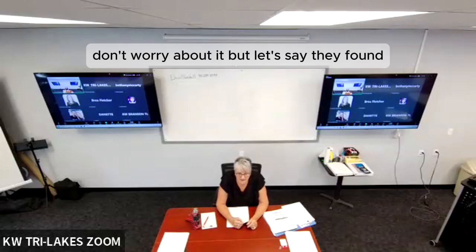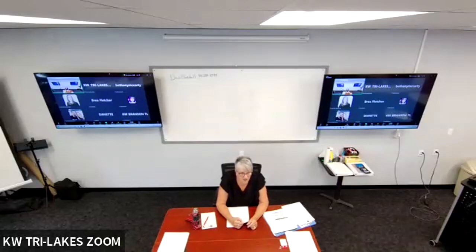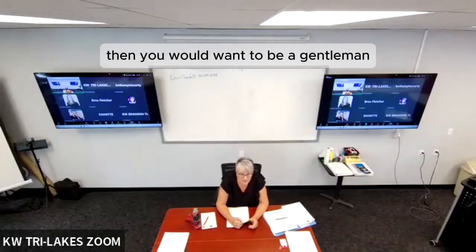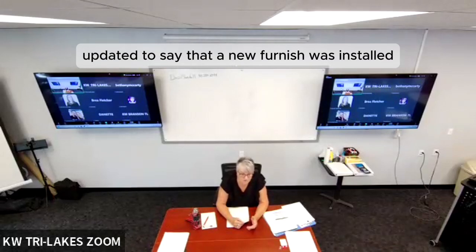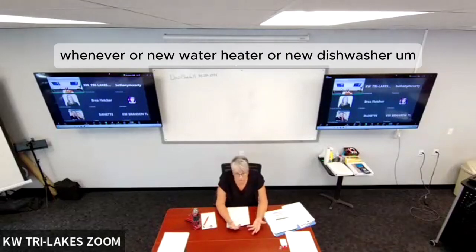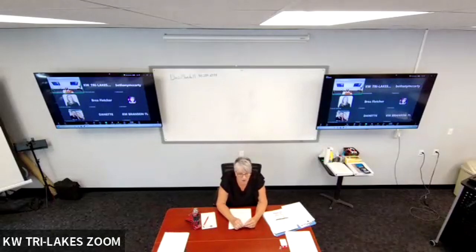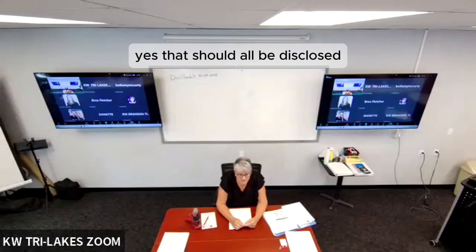But let's say the furnace went out while it was listed. Then you would want to do the addendum and update it to say that a new furnace was installed, or a new water heater, or a new dishwasher. But if the roof, the subfloor, or the foundation is bad, that should also be disclosed immediately.